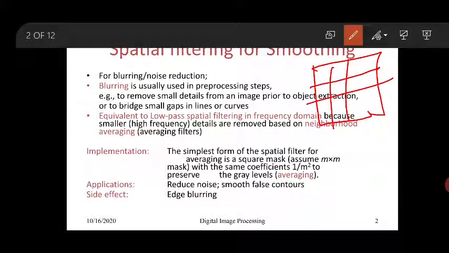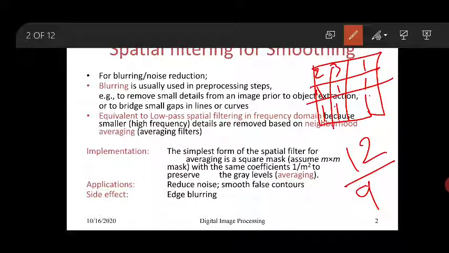Here 2, 3, 1, 1, 1, 1, 1, 1, 1, randomly. This is the center pixel and this is the box I consider. You just add all of this: 2 plus 3, 5, 6, 7, 8, 9, 10, 11, 12. Now 12 divided by 9.